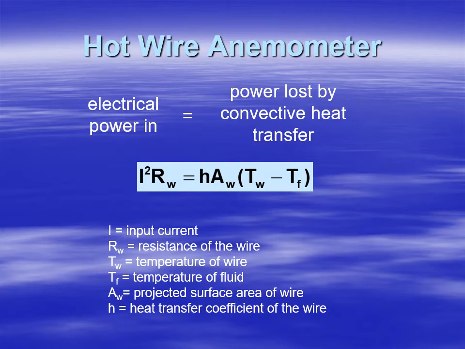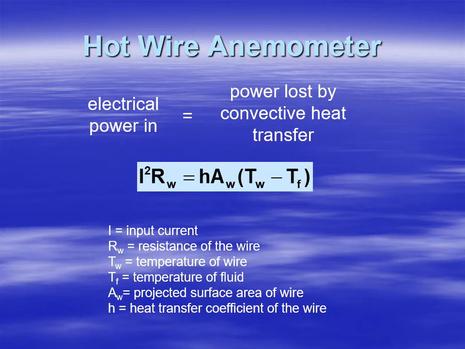So we have on the right-hand side the temperature of the wire and the temperature of the fluid. Of course, the wire is heated to a much greater temperature than the temperature of the air, or the fluid. So the heat that's lost depends upon that temperature difference.